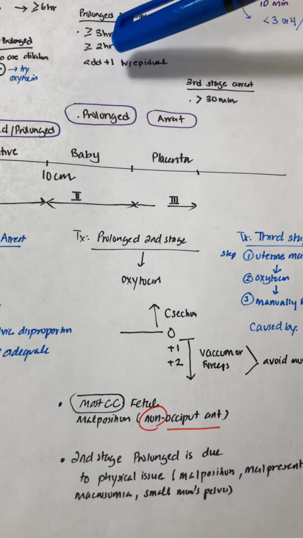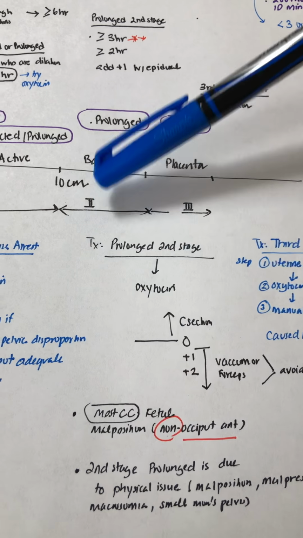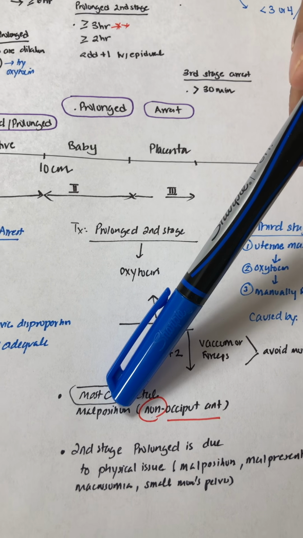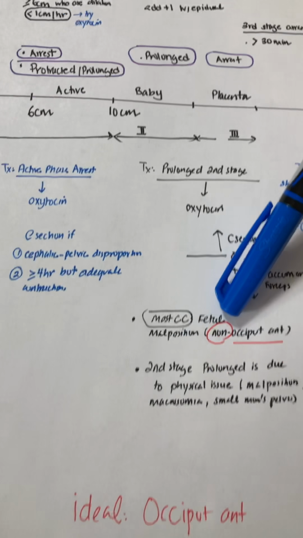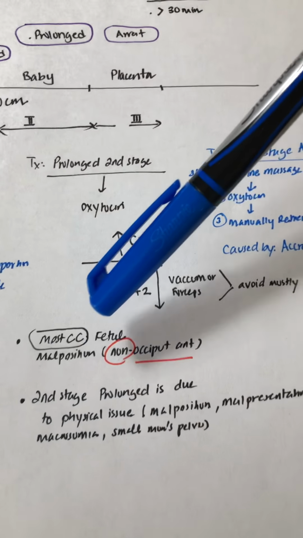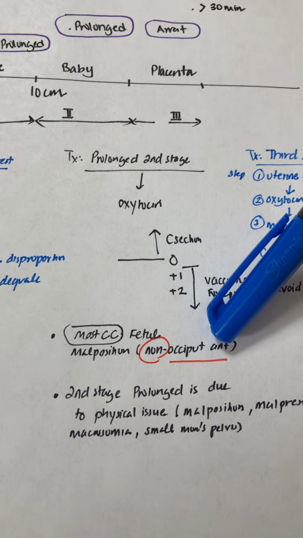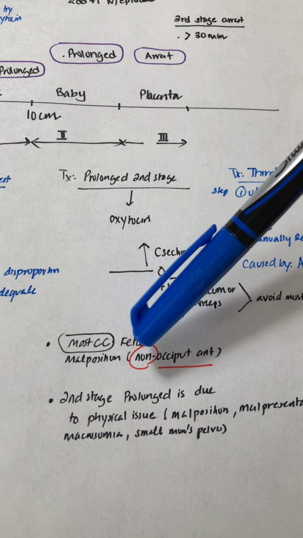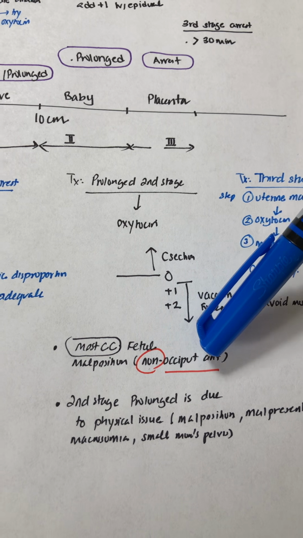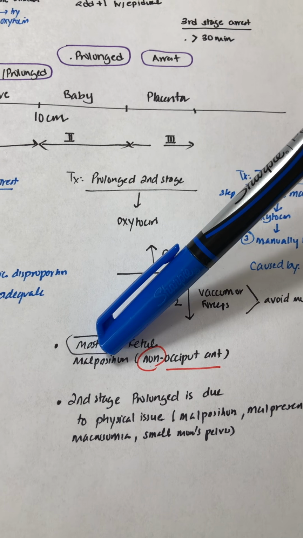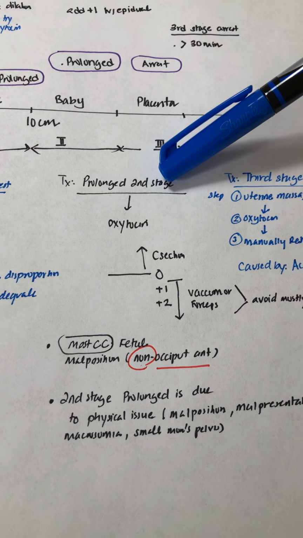But mostly this prolonged stage 2 is because of fetal malposition. The fetus should come out ideally occiput anterior. Anytime the fetus head is not occiput anterior, it's called malposition, and it can cause a prolonged second stage.